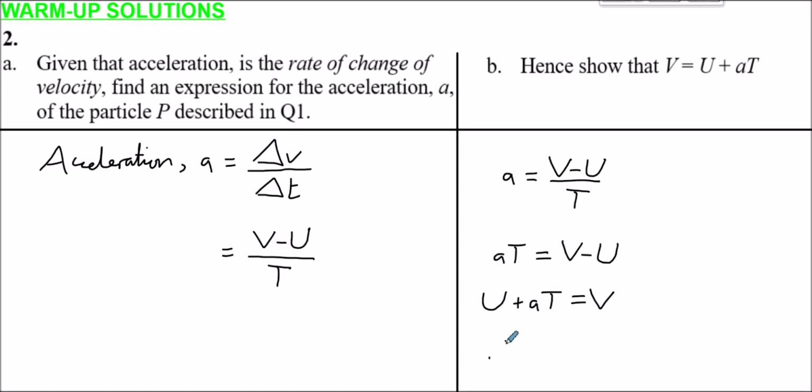So let's just switch the order, make V the subject. Therefore, big V equals big U plus A big T. And that's question 2, polished off.